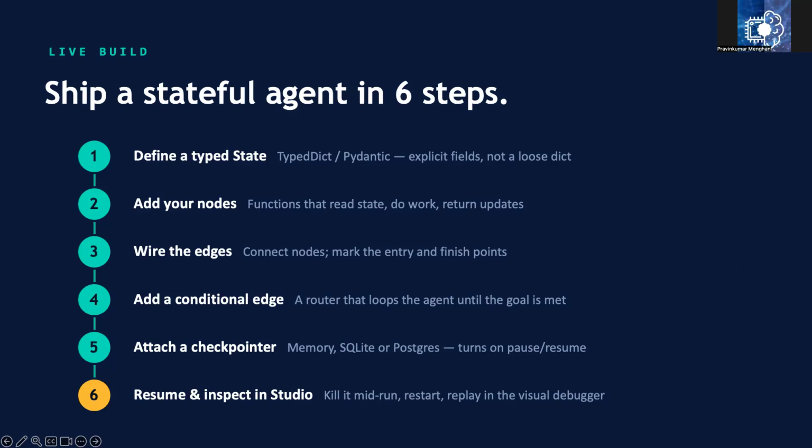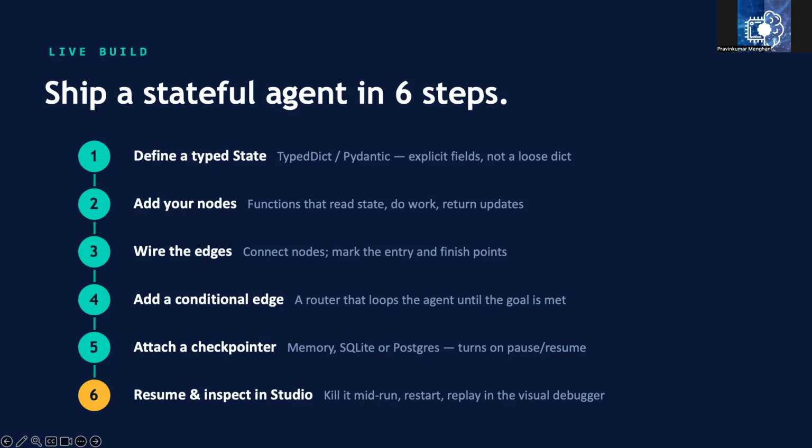Add your nodes is the second step. Each node is just a function. It takes state in, does the work, and returns the updates. Simple. Third step, you wire the edges. You connect the dots, tell the graph start here, end there. Here is how to get between the nodes, and so on. Step 4 is where you add a conditional edge. This is where it gets interesting.